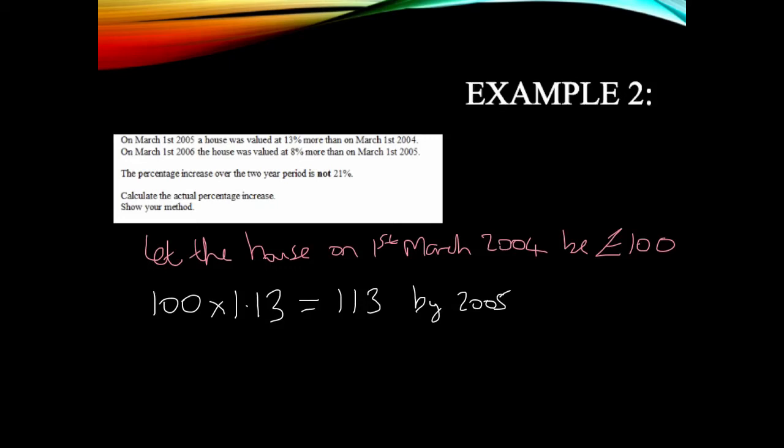So what we're doing now is we're taking the value of the house now, 113, and we're going to increase its value by 8%. Again, I'm going to use a multiplier. Have a guess, see what you can think. Have a guess to see if you can have an idea what this number is going to be here. By the time I stuttered through that, hopefully you'd got 1.08.